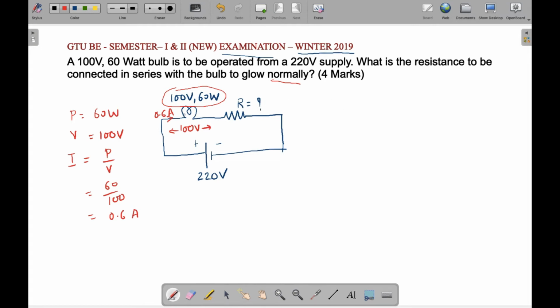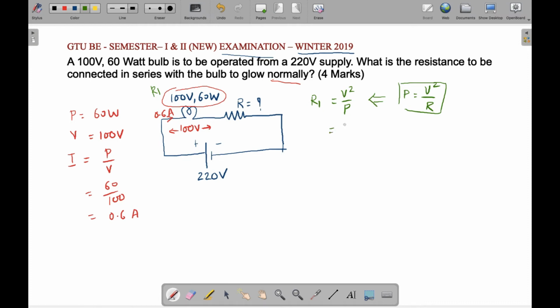So the resistance of the bulb, let us take it as R1. We can find the value of R1. R1 is equal to V square upon P. We have the equation of power, P equals voltage square divided by resistance. Utilizing this equation we can get the value of the resistance R1, the resistance of the bulb.